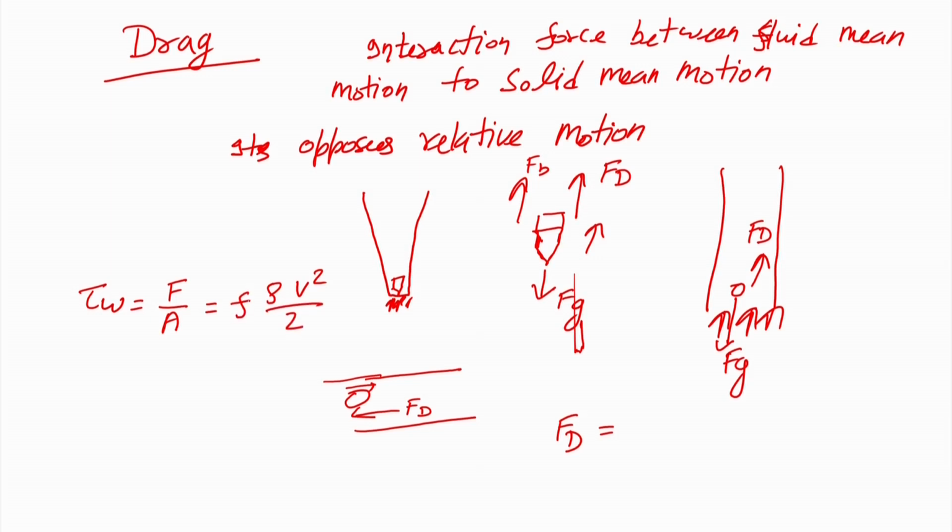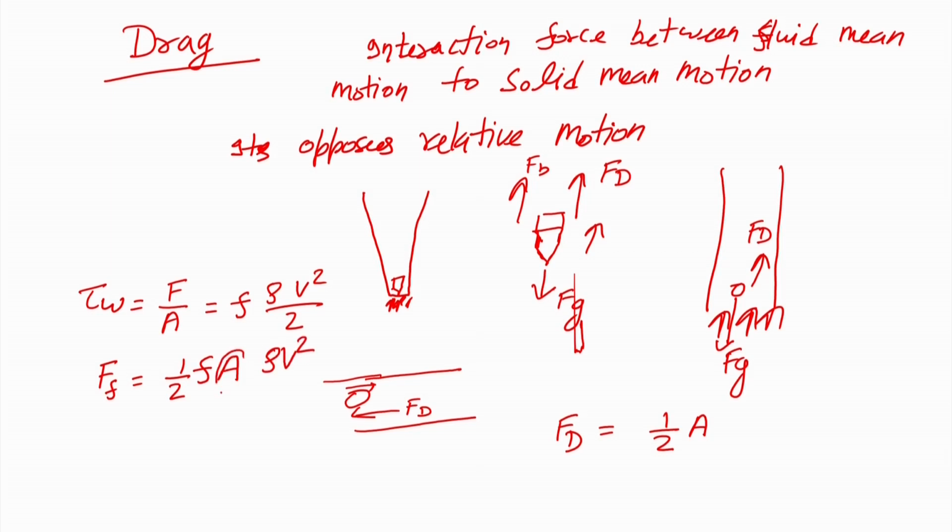Now, what we do here? We define the Fd exactly in a similar way as the frictional force, and what we say, this is nothing but half into A. So, the tau of friction is nothing but half f into rho V square.